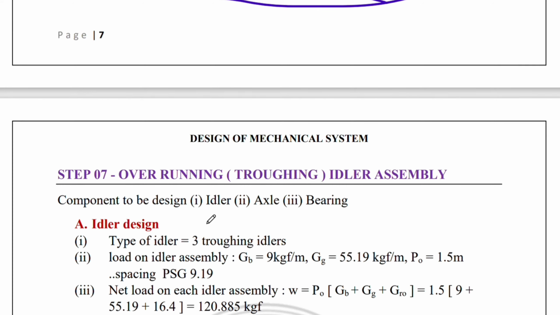Step number 7 is the overrunning idler assembly, which is also known as the stuffing.